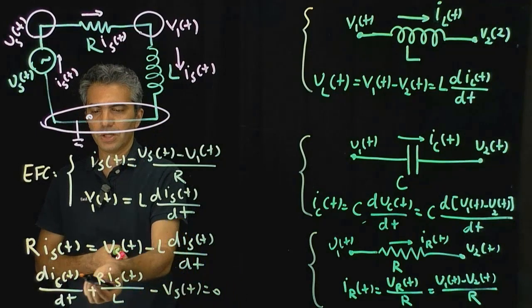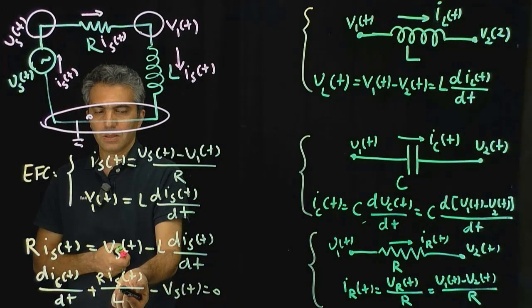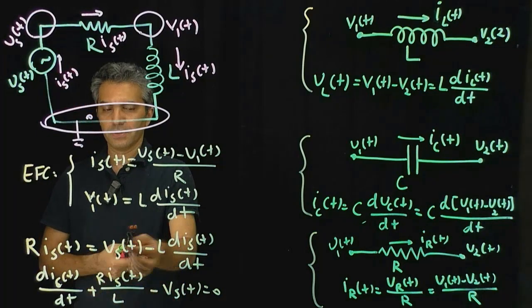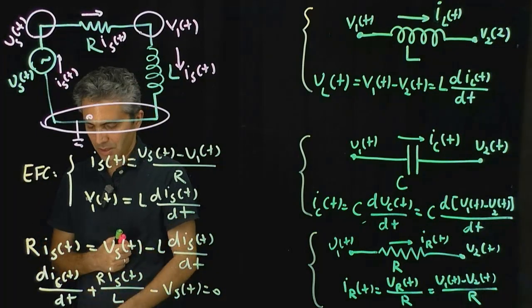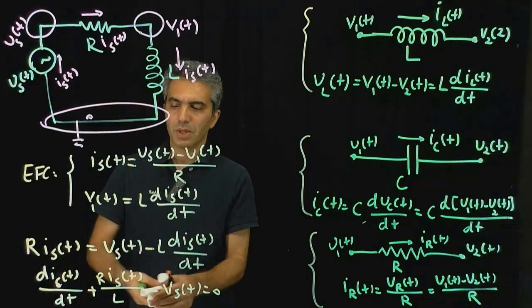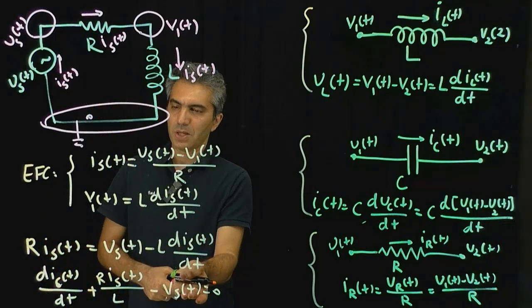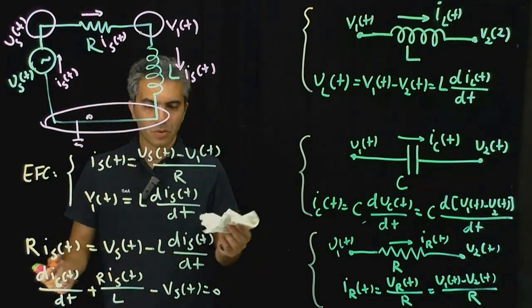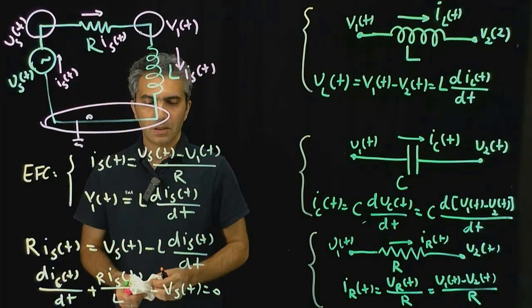So in this, the only unknown is IS(t), and in order to calculate IS(t), obviously I have to solve a differential equation. Now, how do we do that? Obviously that depends on what VS(t) is, and we're going to start by using normal DC sources first.